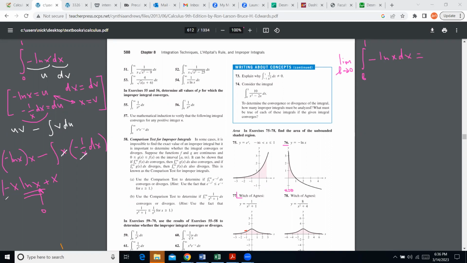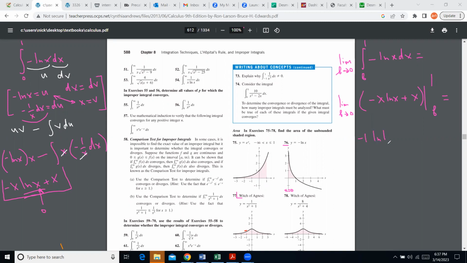It's right here. So it's a negative x ln of x plus x. And now I go from b to 1. And then I will take my limit when b approaches 0. And it may happen to be not an infinity, so it depends. So let's see what this is in my case.